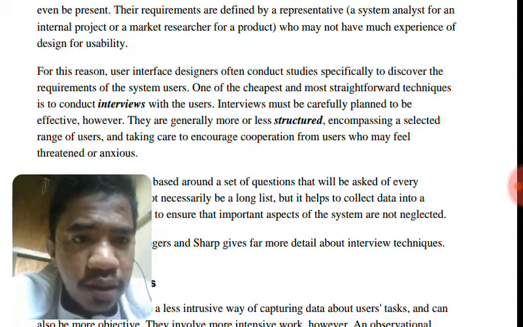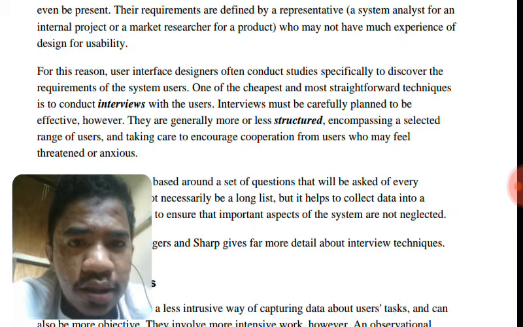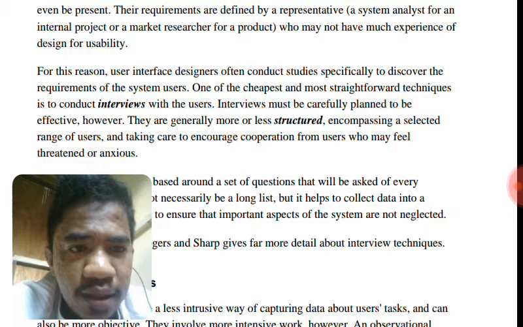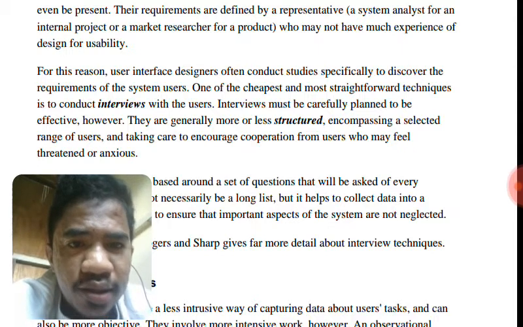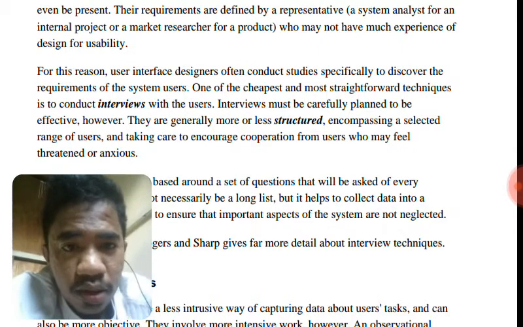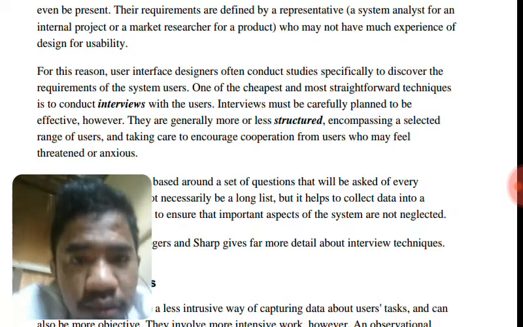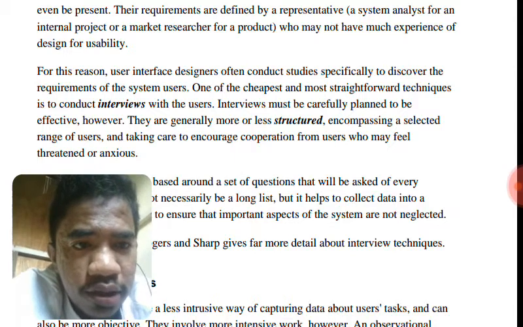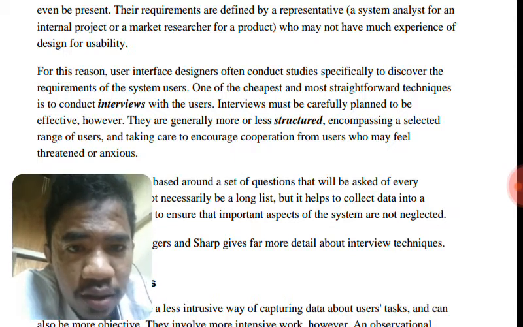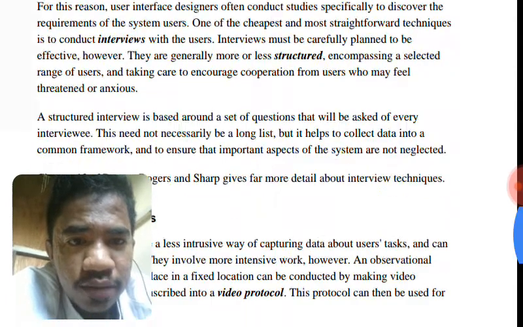One of the cheapest and most straightforward techniques is to conduct interviews with the users. Interviews must be carefully planned to be effective. However, they are generally more or less structured, encompassing a select range of users, and taking care to encourage cooperation from users who may feel threatened or anxious.